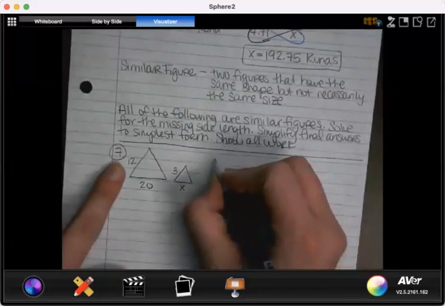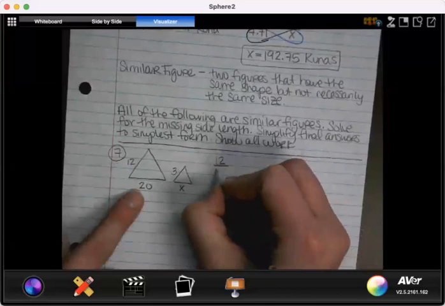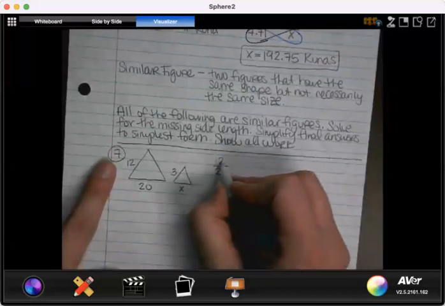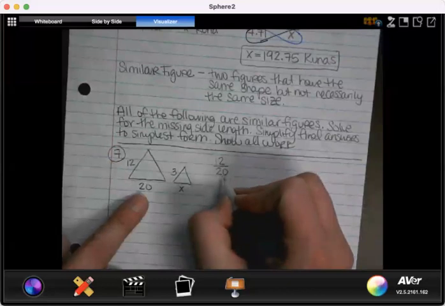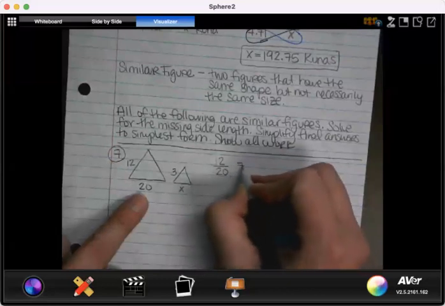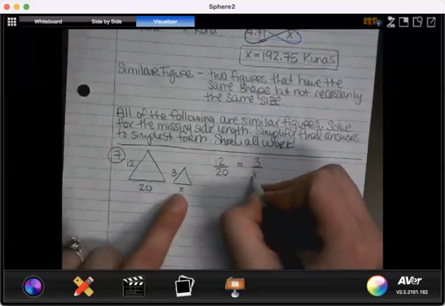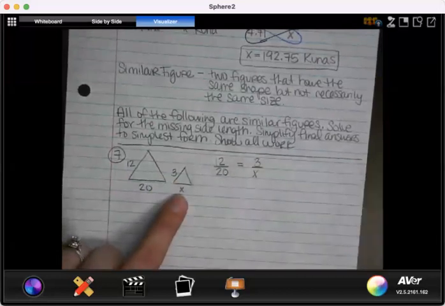So that would look like 12 divided by 20, the side of the big triangle divided by the base of the big triangle, equals the side of the small triangle divided by the base of the small triangle.